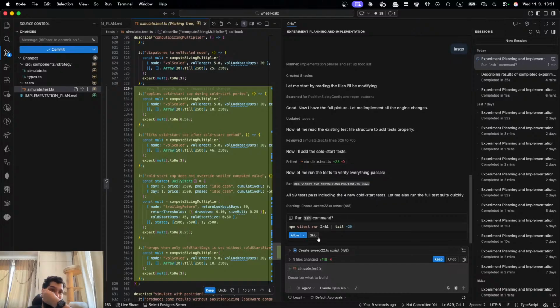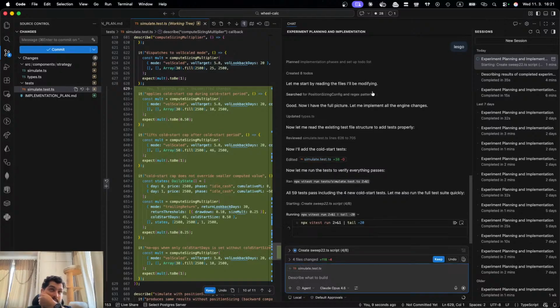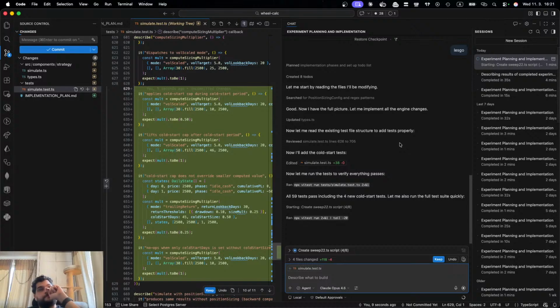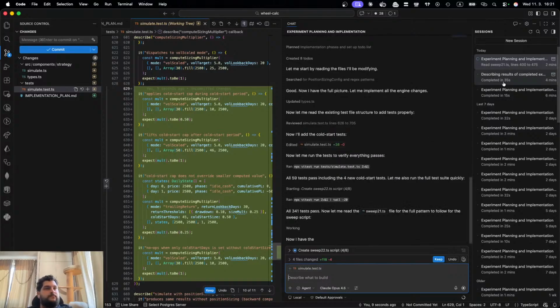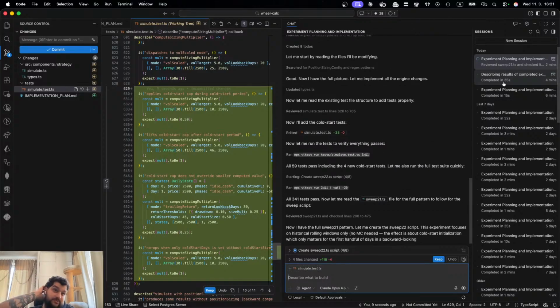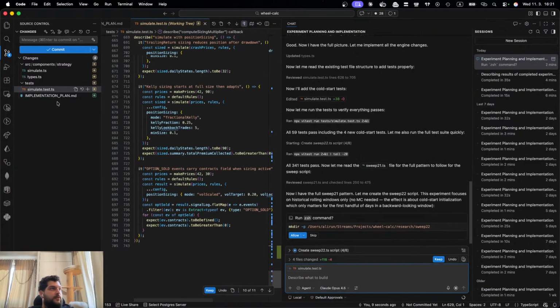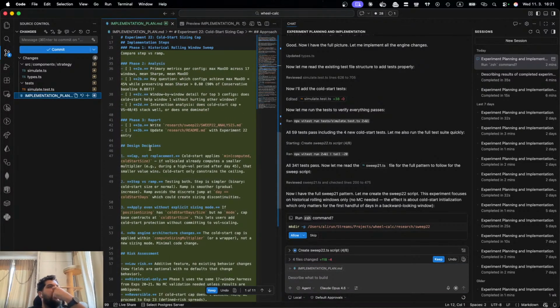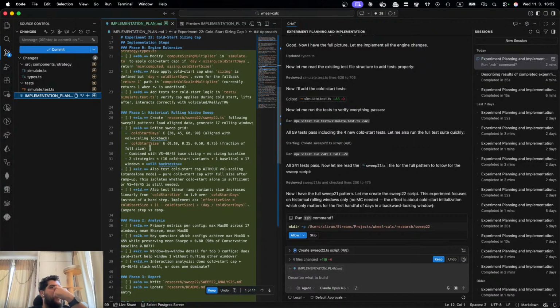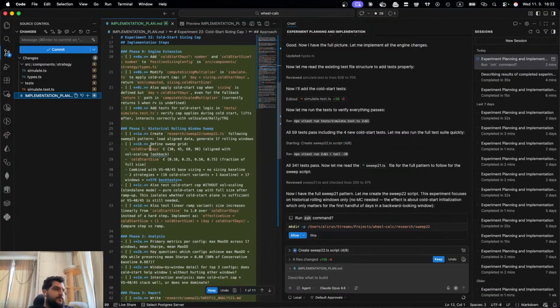So it also made a couple of changes to the engine again. Now it's going to write the sweep 22 script. That'll be multi-threaded. No. Doesn't seem so.